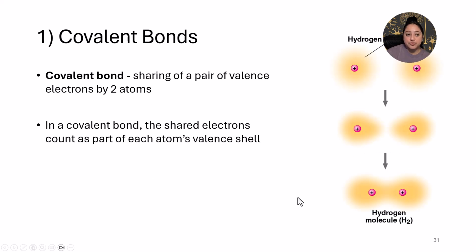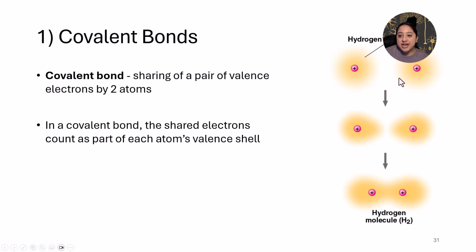A covalent bond is when 2 atoms share a pair of valence electrons. On the right here, there are 2 hydrogen atoms, and they each have 1 proton because they're hydrogen atoms. Here we're showing their cloud form.